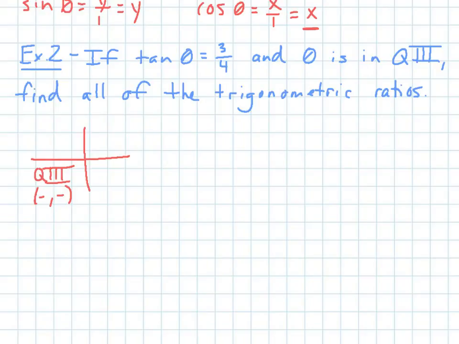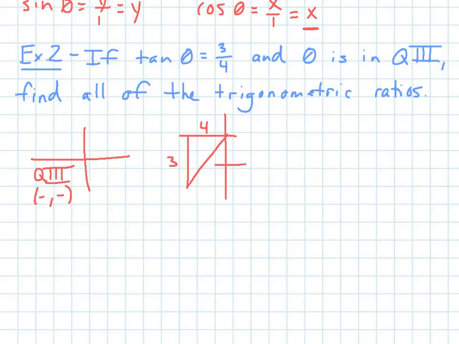So then now, if I want to find sine or cosine, I'm making a triangle that kind of represents that. So if I look at the third quadrant, I go out 4, and I go down 3.